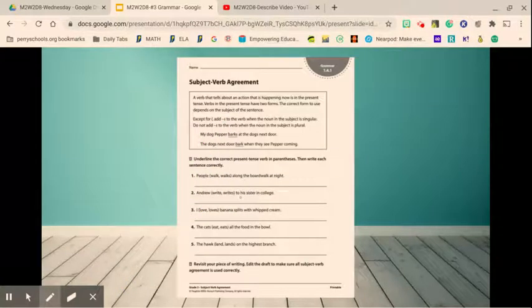Your assignment is going to look like this, and you're going to have multiple things to do in this, and you're going to need to do all of the parts. So the directions say, underline the correct present tense verb in the parentheses. Then write each sentence correctly. So you are underlining the correct verb, and you are writing the sentence.